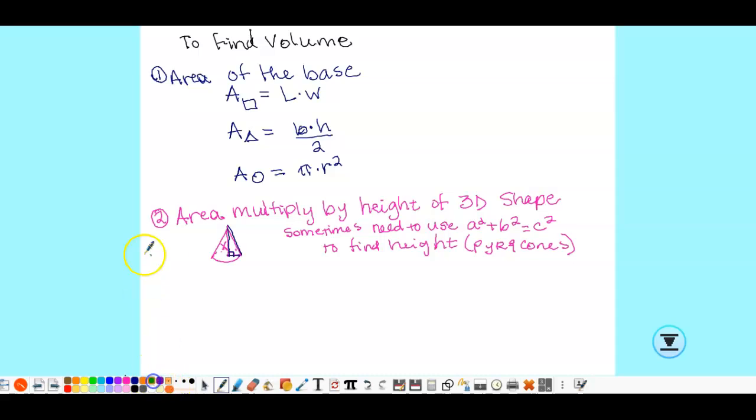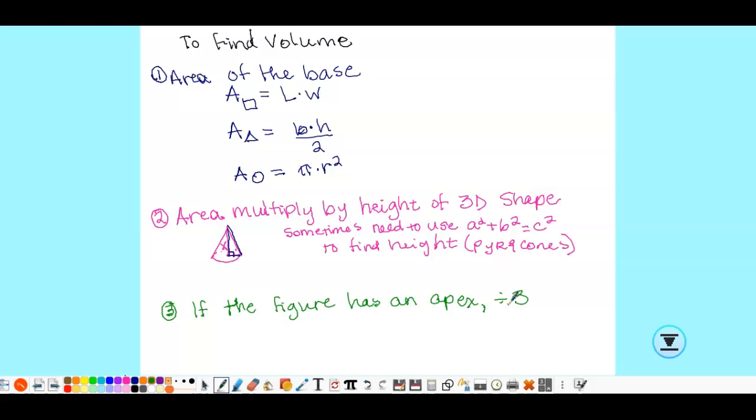The last thing is that we need to take that number from step number 2, the area multiplied by the height of the 3-dimensional shape, and if the figure has an apex, and remember the apex is just the point at the top, so cones and pyramids again, divide by 3.